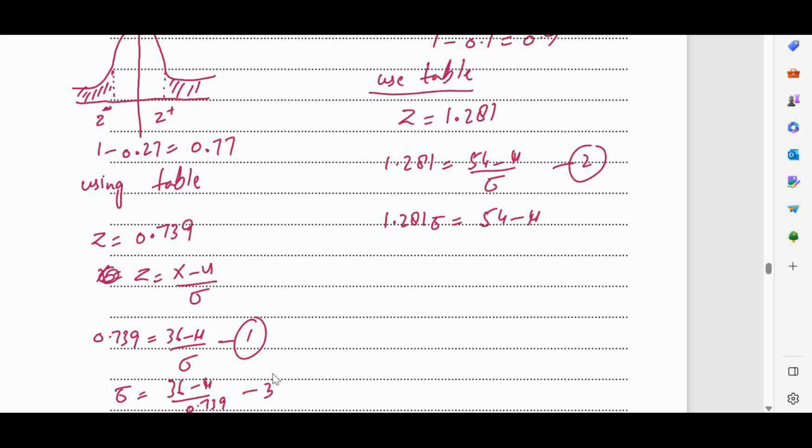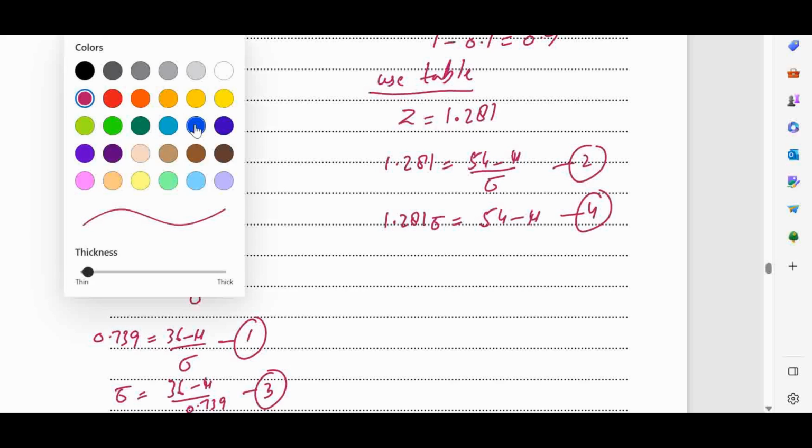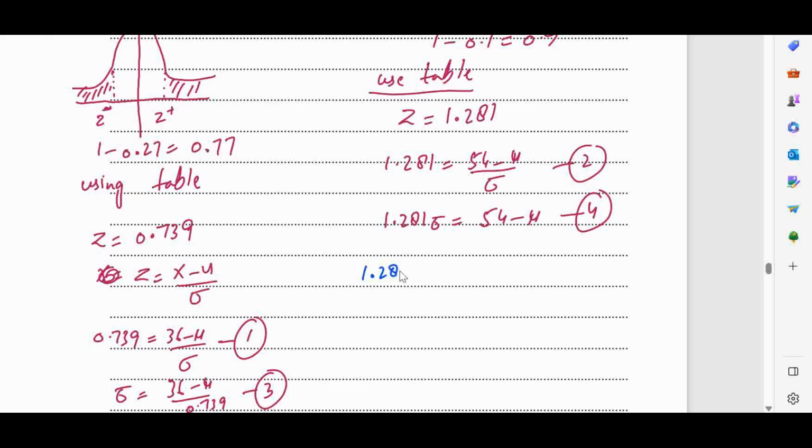So simply put equation 3 in equation 4. It will give us 1.281 times 36 minus mu, whole divided by 0.739, is equal to 54 minus mu.